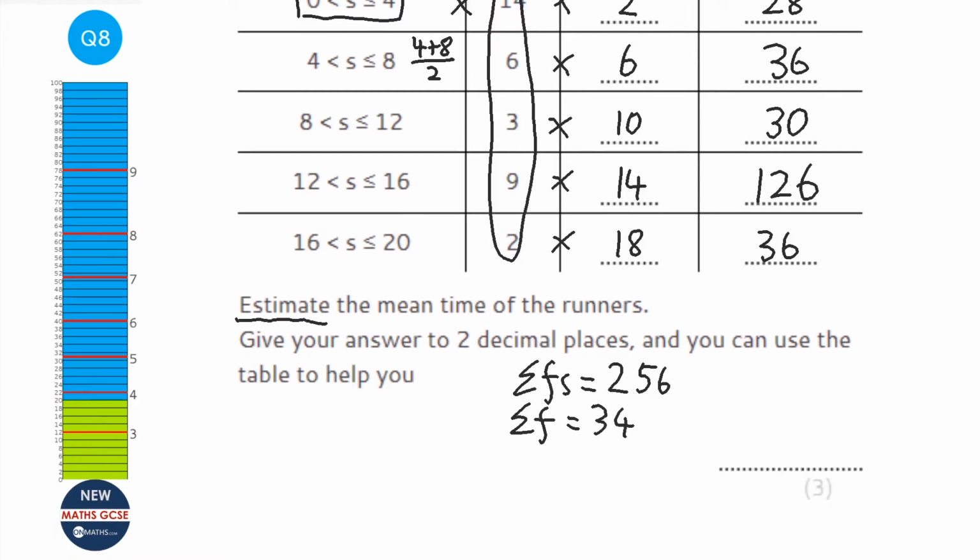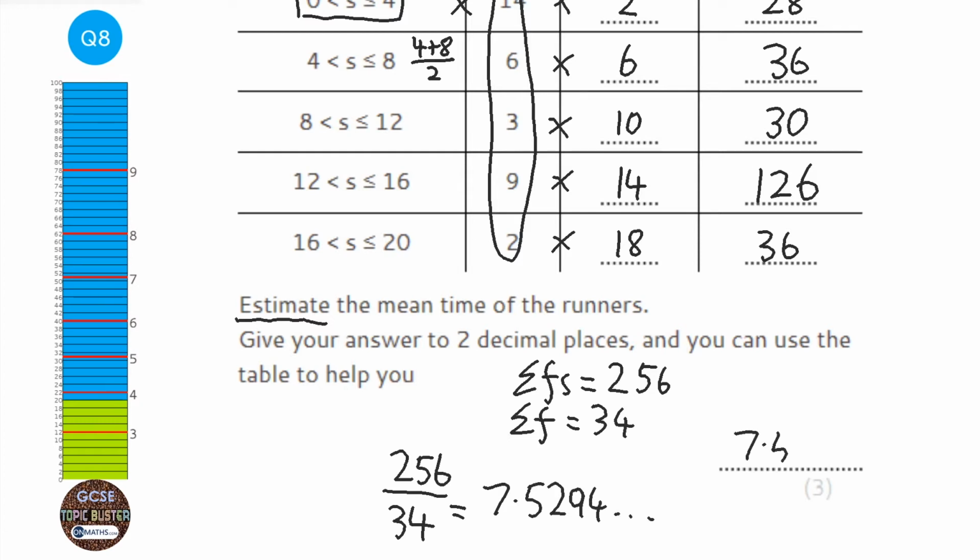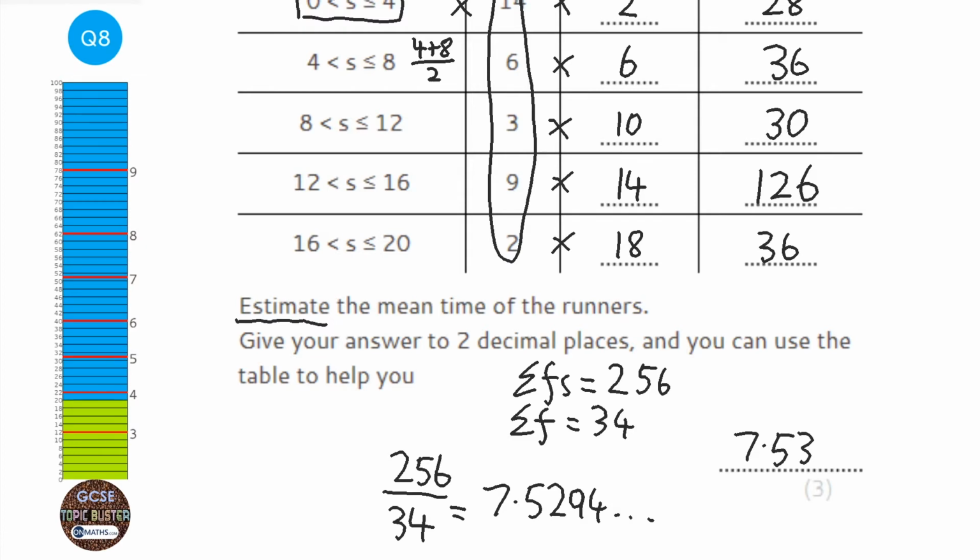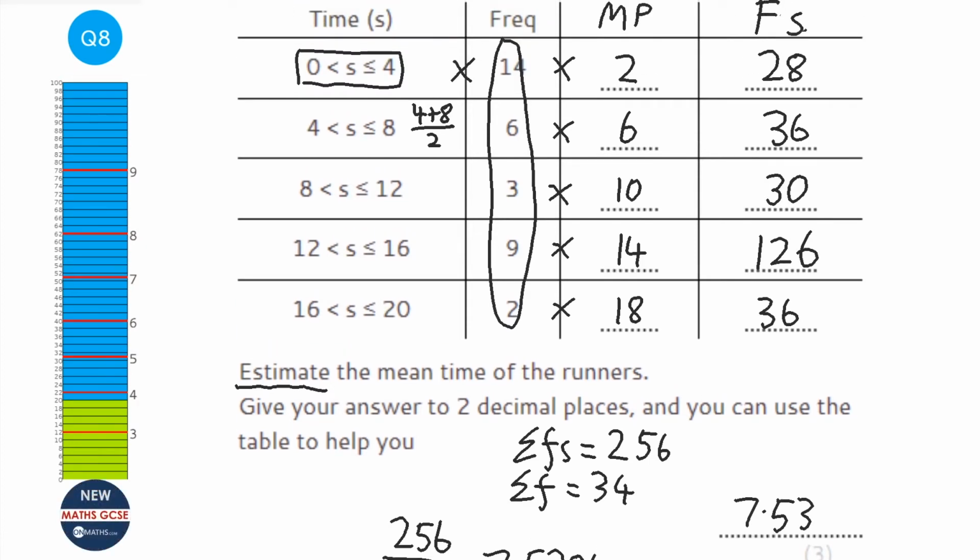And then what we're going to do is get the 256, which is all our values added together, and divide it by 34. So 256 divided by 34. And I get the answer of 7.5294 and so on. To 2 decimal places, that's going to be 7.53.